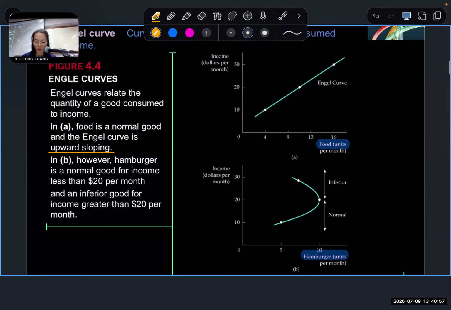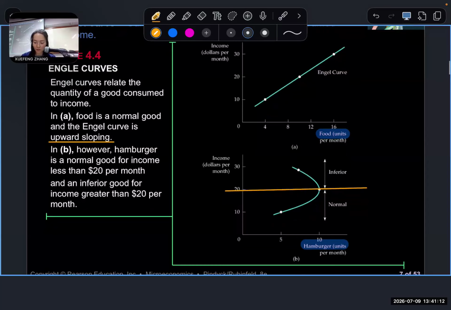Okay, so we call that good inferior. So here you need to distinguish. Actually here is our threshold. So the income equal $20 is our threshold. Less than 20, you buy more, it's normal. If you are richer, greater than 20, you're gonna buy less, which is inferior.